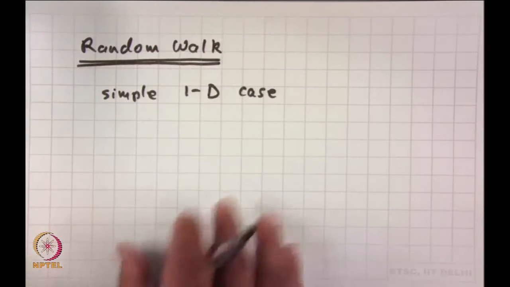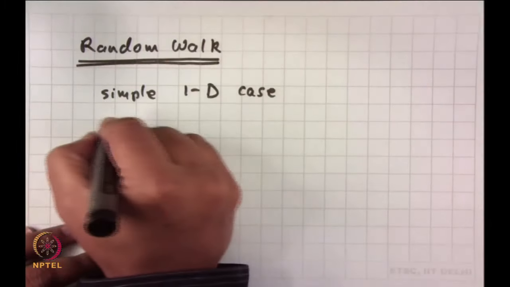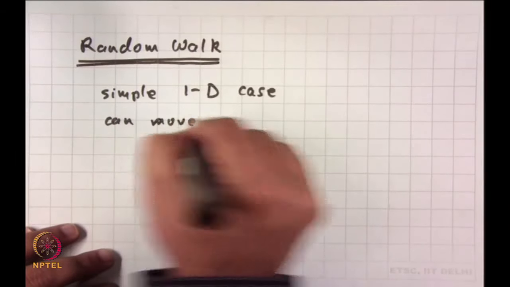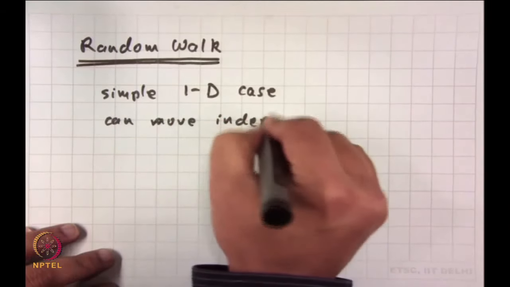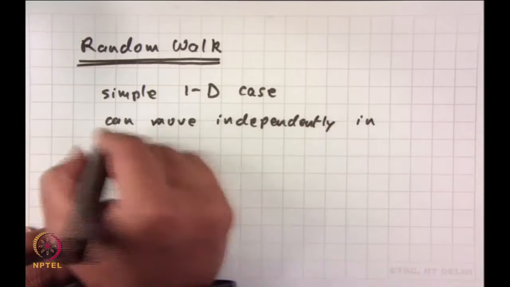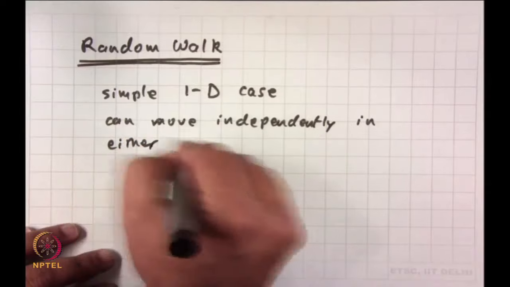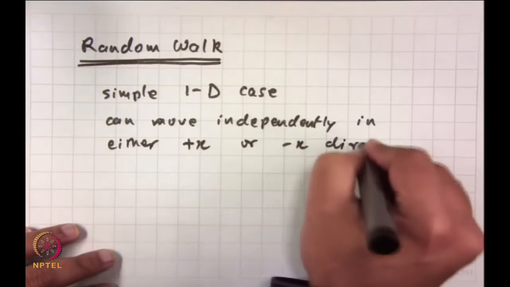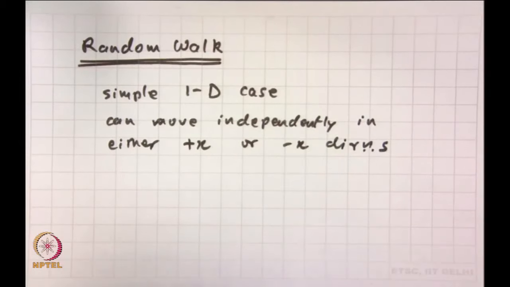And what we say is that the particle can move independently in either positive x or negative x directions, where x is my coordinate of interest, because I am talking about just a one dimensional random walk right now.